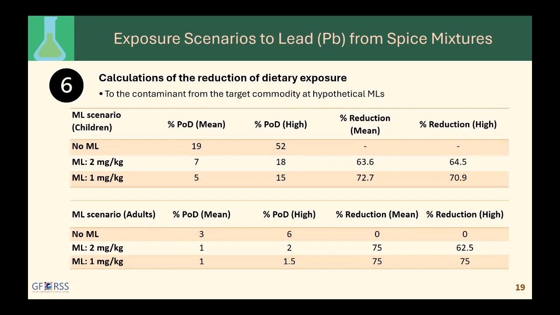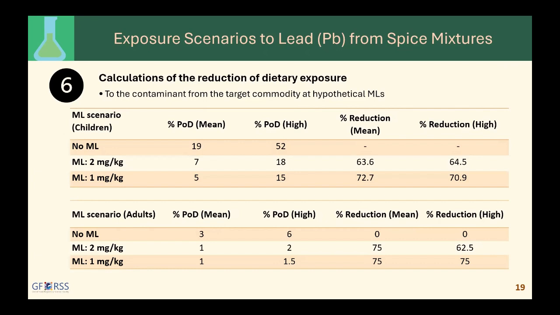Then, if I apply 2 milligram per kilogram, I'm removing some high 5%, right? I'm rejecting the high levels of occurrence. So my contribution to this exposure is now reduced. So spice mixtures are now contributing up to 7% of the build-up towards my threshold value, my POD, which is already good.